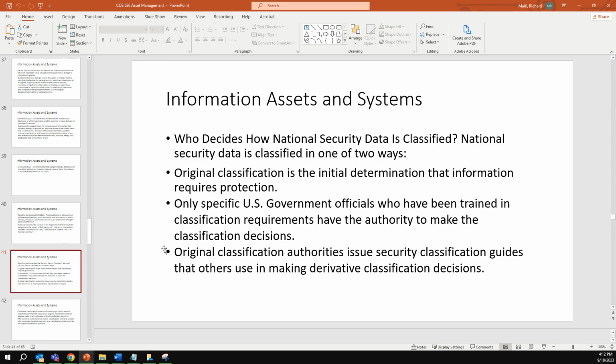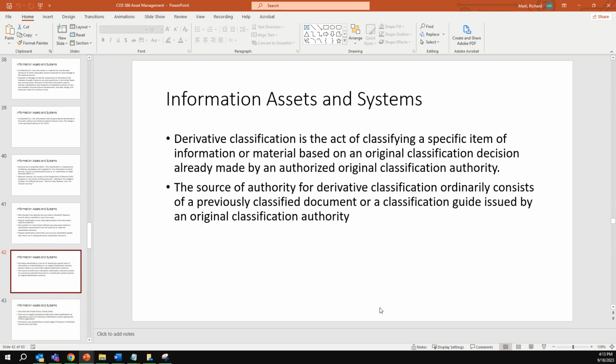U.S. government officials who have been trained in classification have authority to make the classification. So there's officials, committees, and so forth. Original classification authority issues security classification guides that others use in making derivative classification decisions. So there's a committee decision that is made.